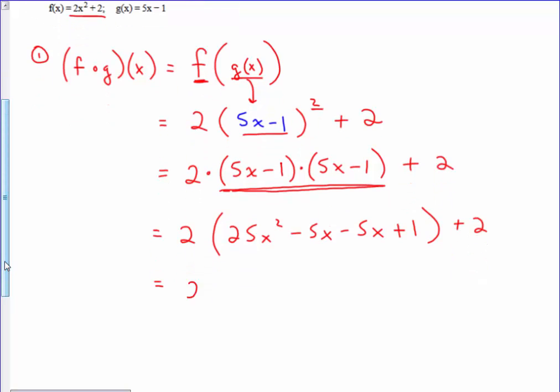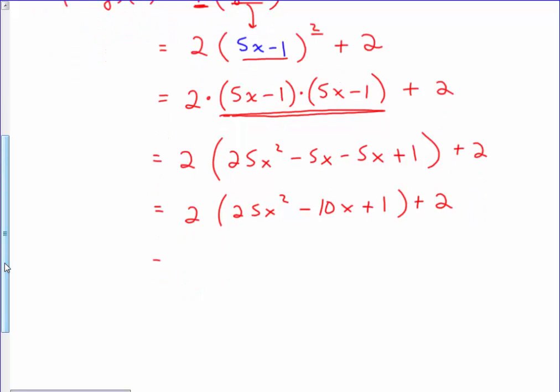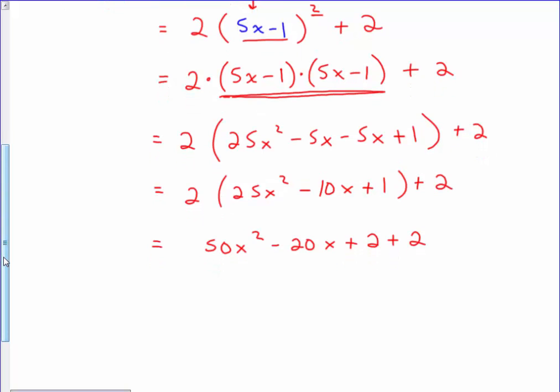Before distributing the 2 on the outside, I would combine like terms. And then finally multiply the 2. And then we have the plus 2 at the end, so these two terms can be combined.